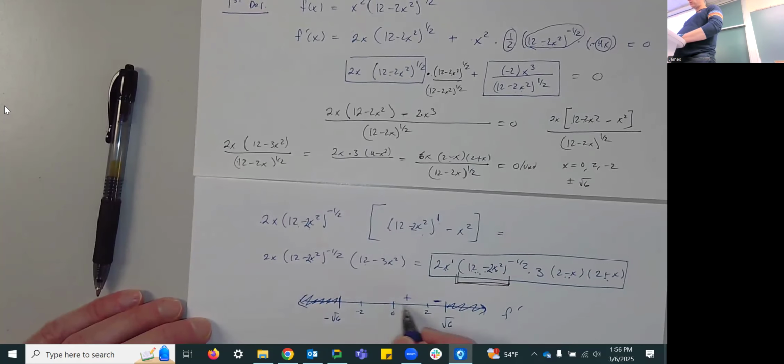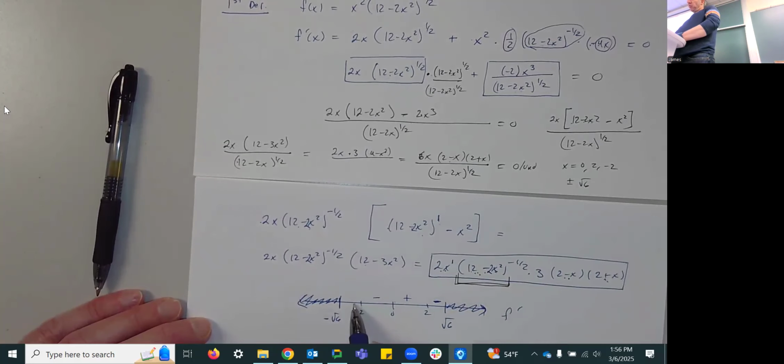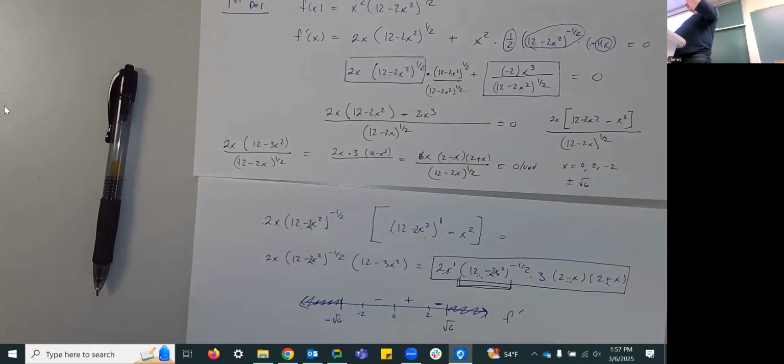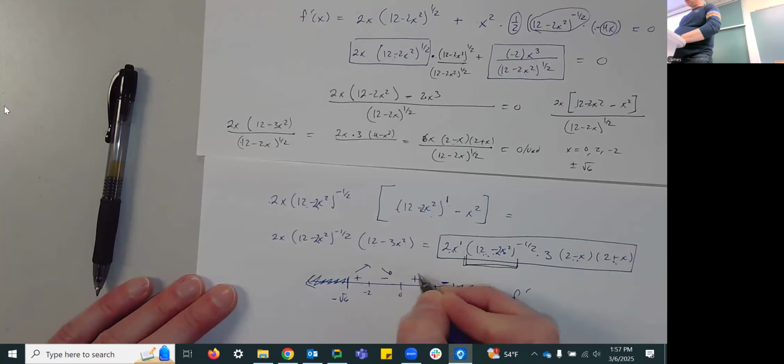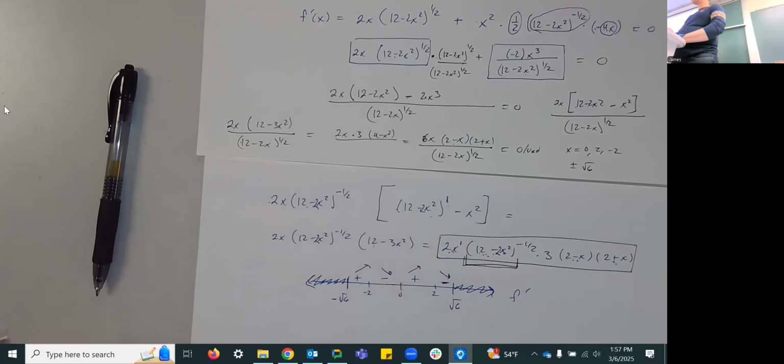Oh, it's a 1, it's going to change signs. We pick negative 1. Negative, positive, positive, positive. Finally, negative 2.1: negative, positive, positive, negative. So we have our function increasing, decreasing, increasing, decreasing.